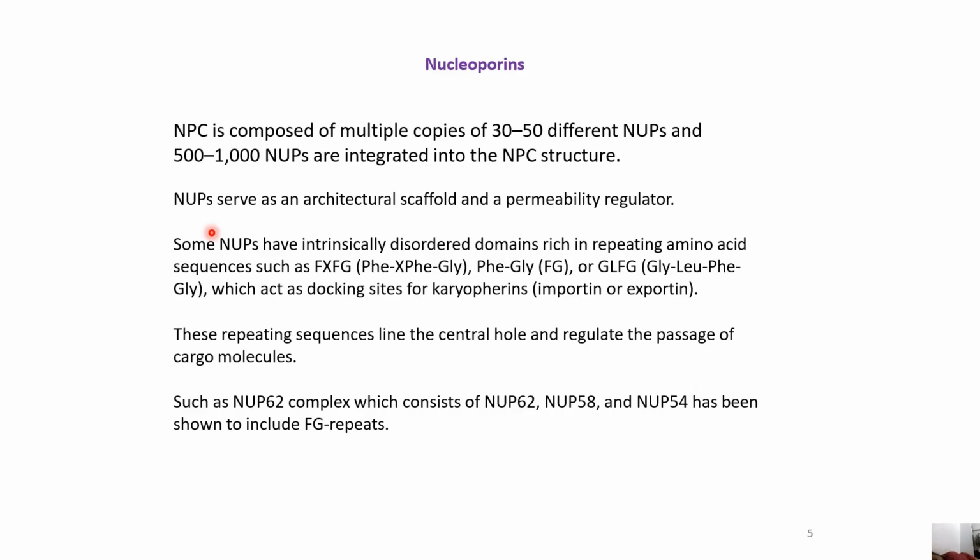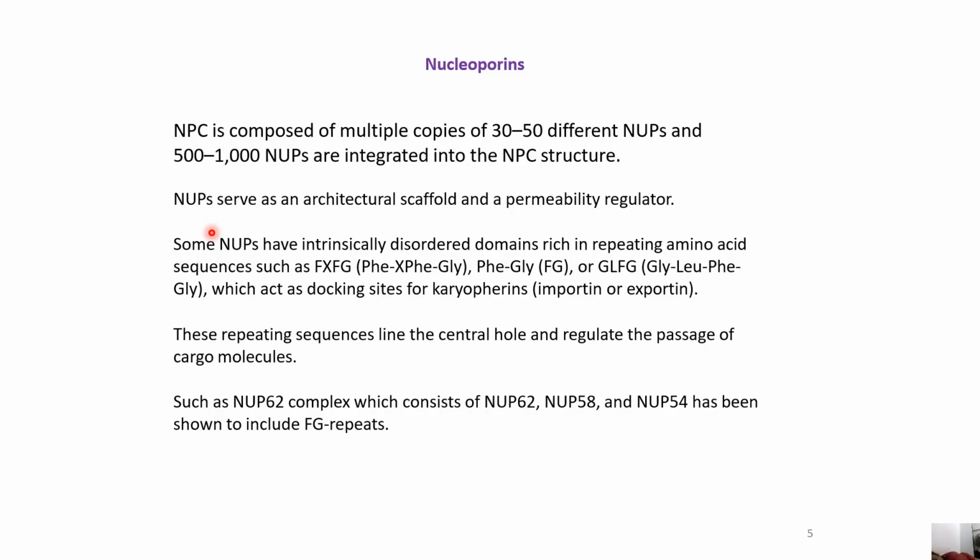Now, NPC is composed of multiple copies of 30 to 50 different NUPs, and 500 to 1000 NUPs are integrated into the NPC structure. So NUPs serve as an additional architectural scaffold and a permeability regulator.